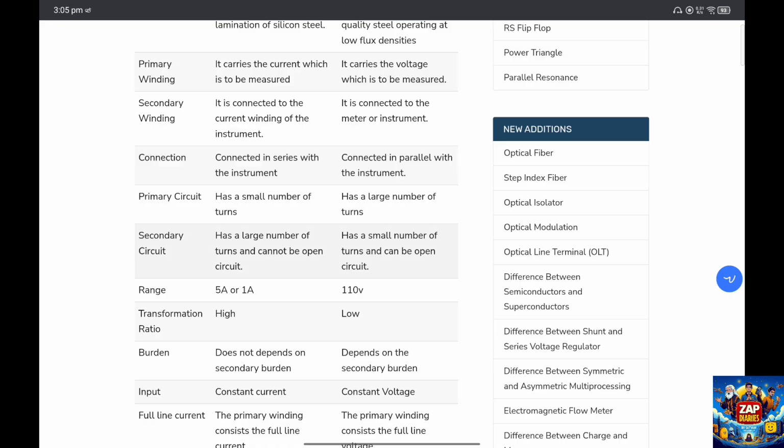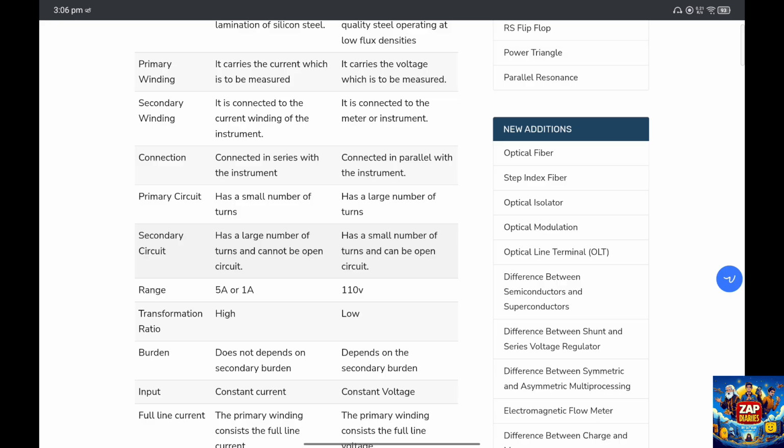In the secondary circuit, a CT has a large number of turns, and this cannot be an open circuit, because if it is connected in series and you keep the secondary of a CT open, it may cause fire. Potentially, it may explode also. So there's a high risk in the case of CT if you keep it open, as CT acts like a step up transformer.